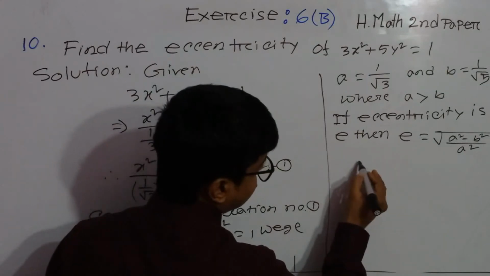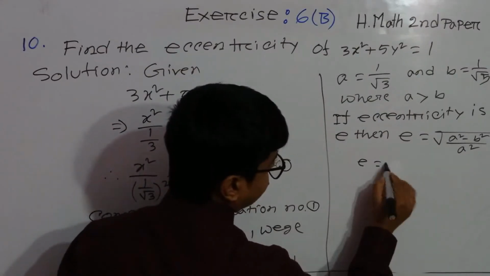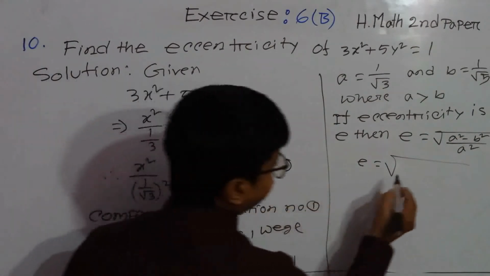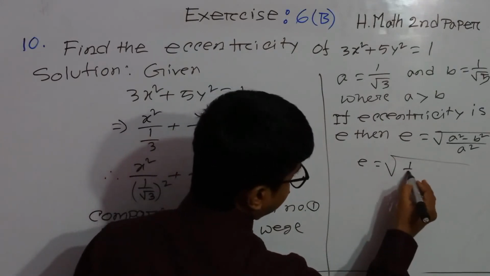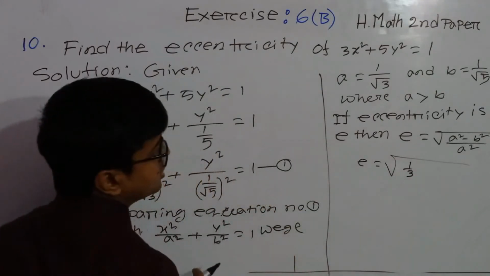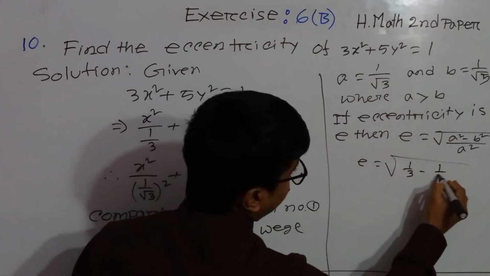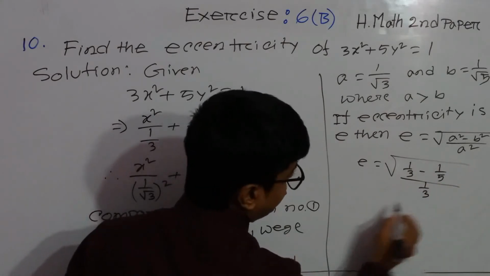So e equals root of ((1/3 minus 1/5) by 1/3), where a squared is 1/3 and b squared is 1/5.